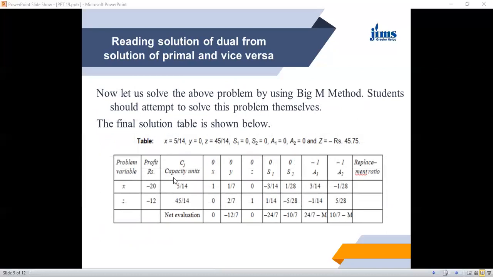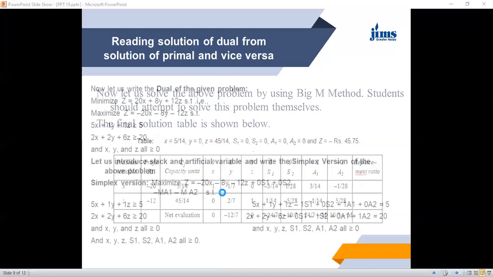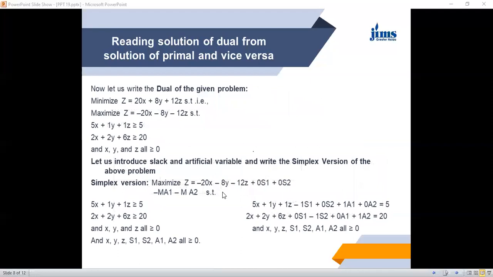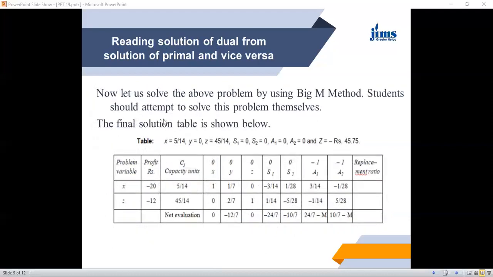So here we find that this is the final table. We get x is equal to 5 by 14 and y is equal to 0 and z is equal to 45 by 14. So if you put the values of x, y, z in this, minimize 20x plus 8y plus 12z, y is equal to 0, x is equal to 5 by 14.